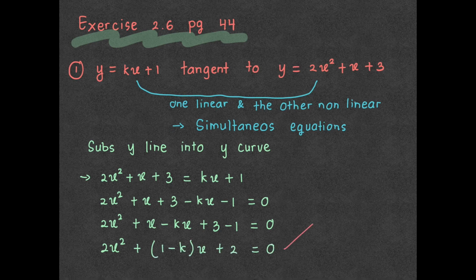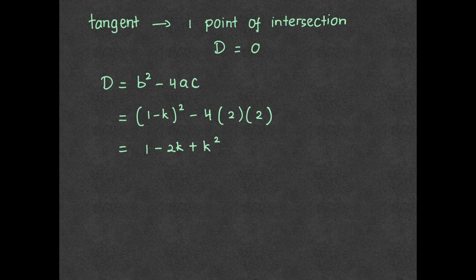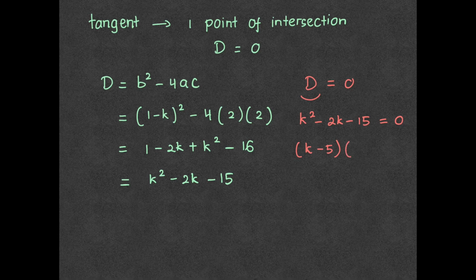Now you see the quadratic equation, right? Define A, B, C again. Because of the tangent, where the tangent means one point of intersection, the line touches the curve at one point. Do you remember? Use the characteristic of the discriminant D equal to 0. Find the D. Use the characteristic and solve for K. There are two values of K. Do you understand this type of question?